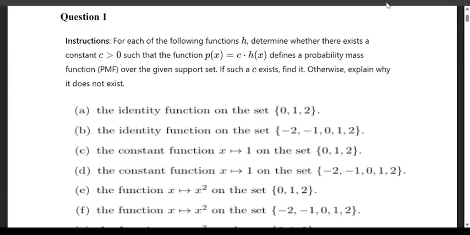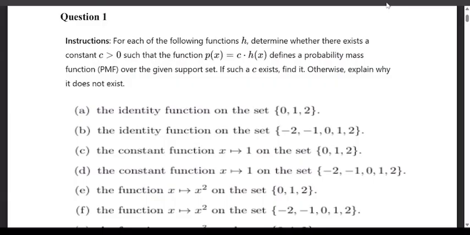Of course, earlier in the week, I walked you through different ways of identifying a probability model. I talked about the probability mass function, the probability density function, and the cumulative distribution function.